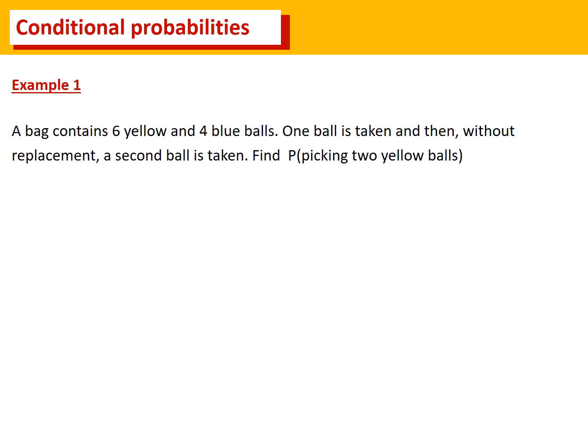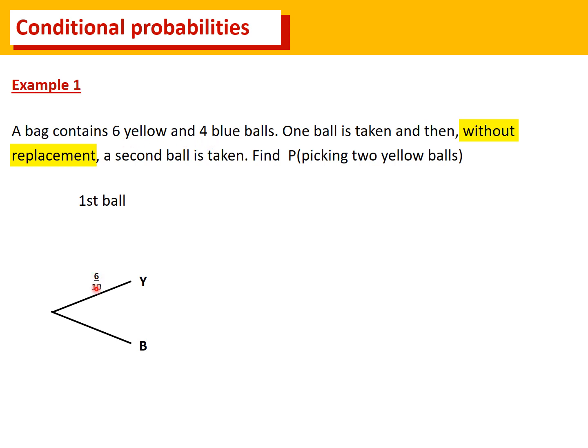In this example, we've got a bag which contains yellow and blue balls, and we're going to take one ball out, and the key element is without replacement, a second ball is taken. The probability of obtaining a yellow with our first pick is 6 out of 10, because there are 6 yellow and 4 blue, so 10 balls altogether.